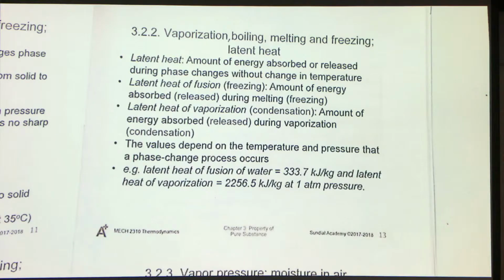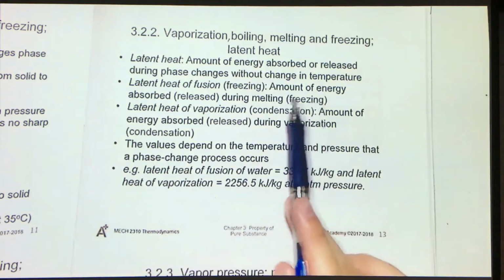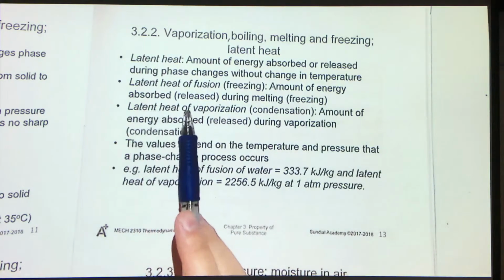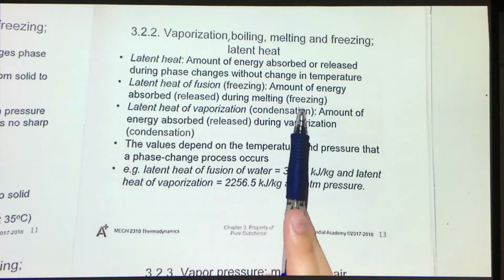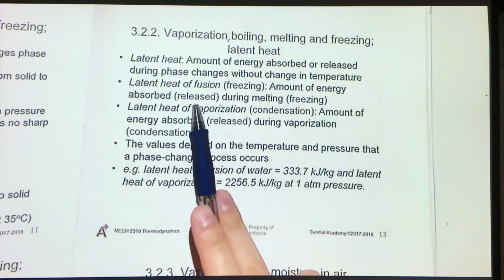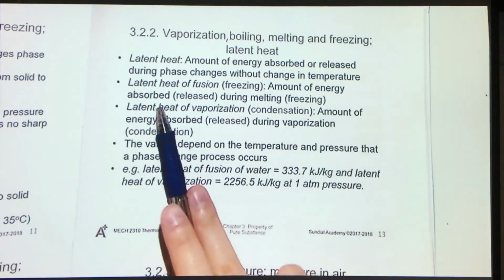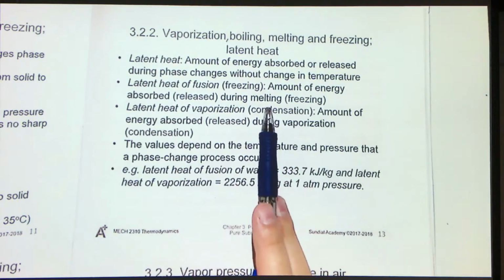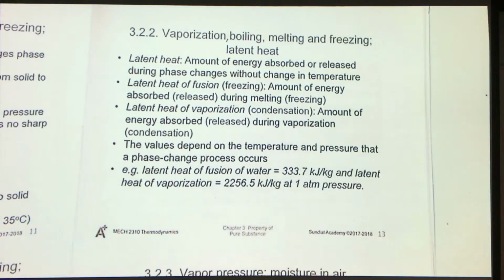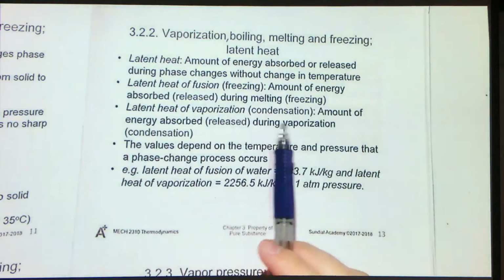We have two kinds of latent heat: latent heat of fusion and latent heat of vaporization. Fusion just means freezing, so it is the amount of energy absorbed or released during melting or freezing. You can substitute the bracketed words for this word, because during melting or freezing the path traced is exactly the same but in the opposite direction, so the magnitude is the same.